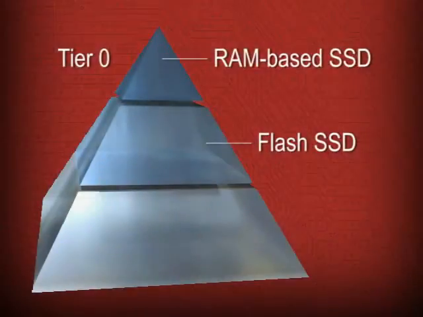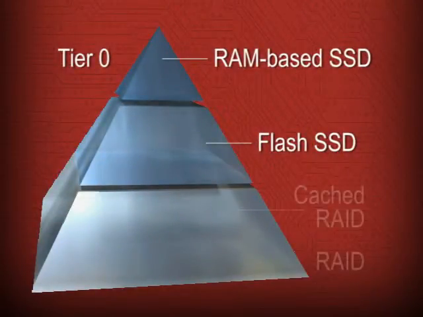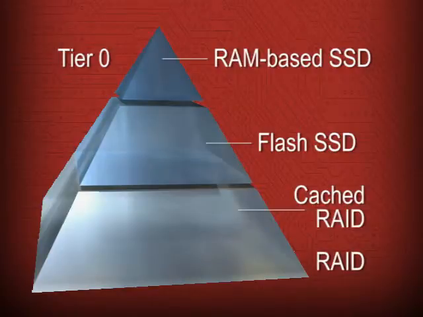From our point of view, that's a level below what you can do with a cached flash solution such as the RAM-SAN 500, in that the enclosure really wasn't designed to support a flash drive. It was really designed to support a hard drive form factor, and you end up paying a performance penalty as a result of that. Now, below flash systems, you get to your cached RAID devices that use RAM in front of hard disk drives.